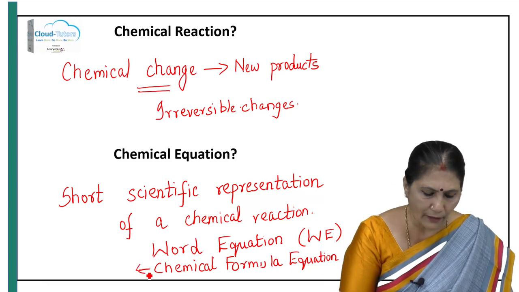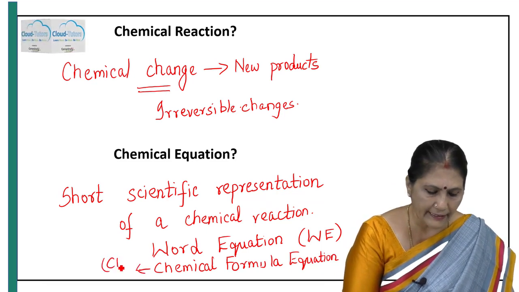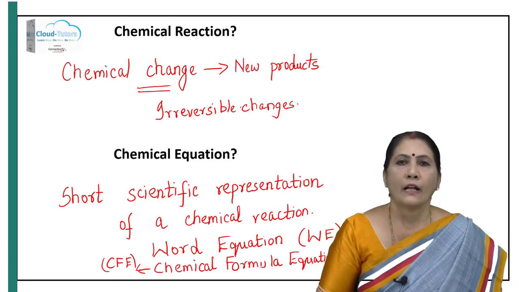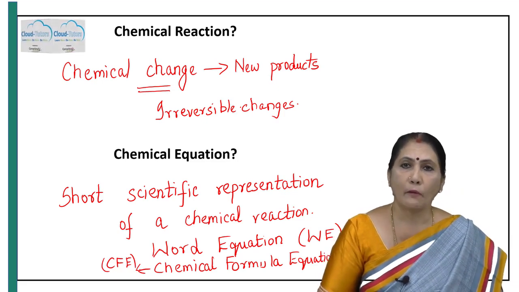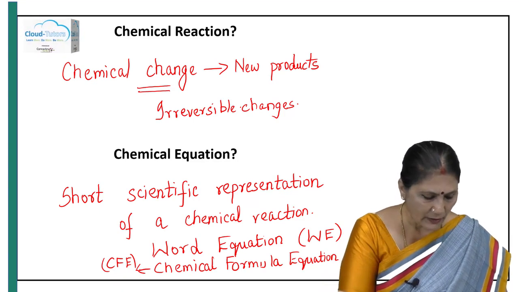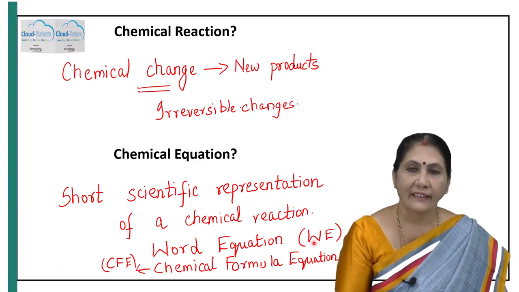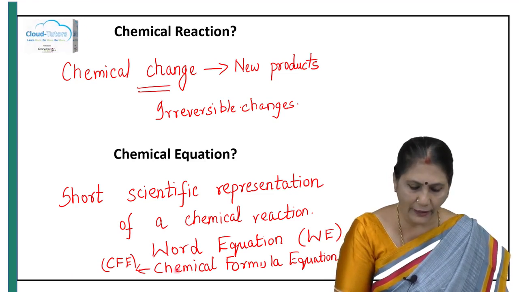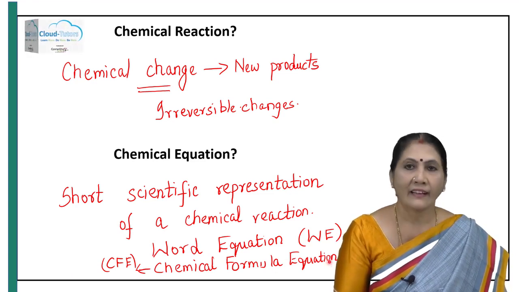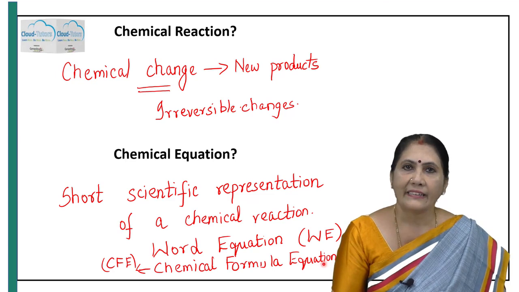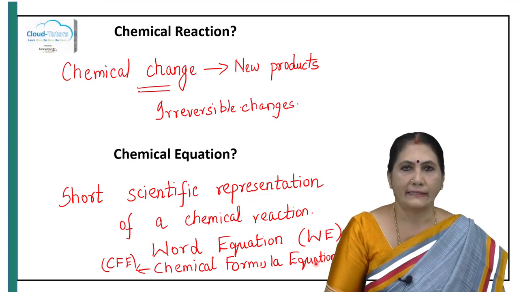This chemical formula equation, you can write as CFE. So in the board exams, some of the equations you may have as word equations. Sometimes they will give you a chemical formula equation and they will ask you to balance.